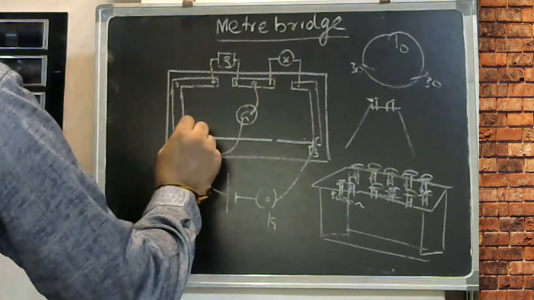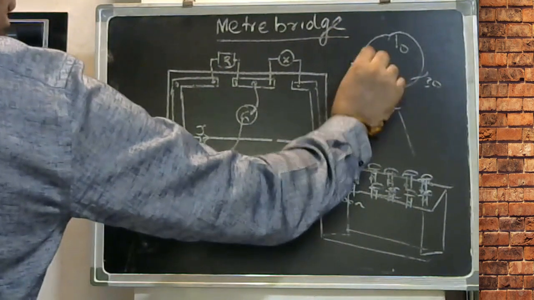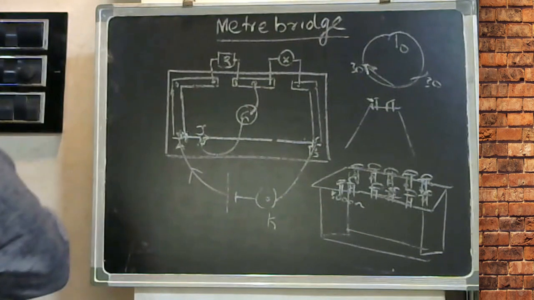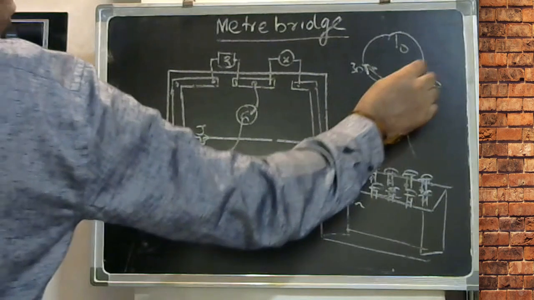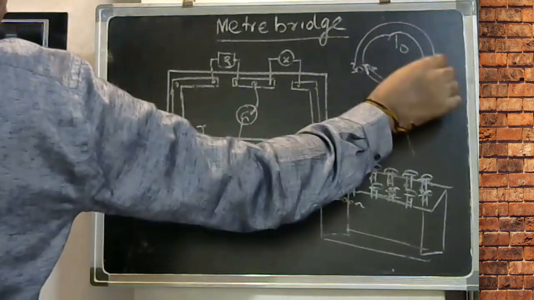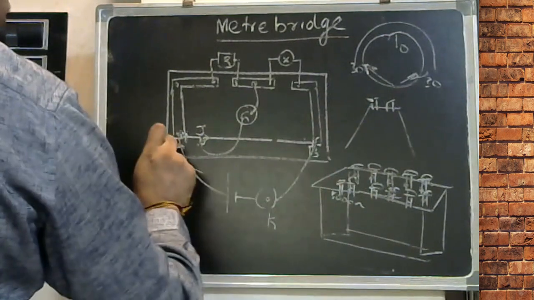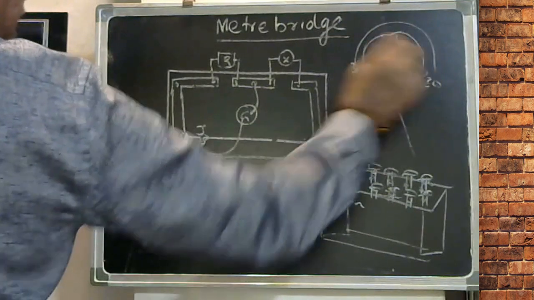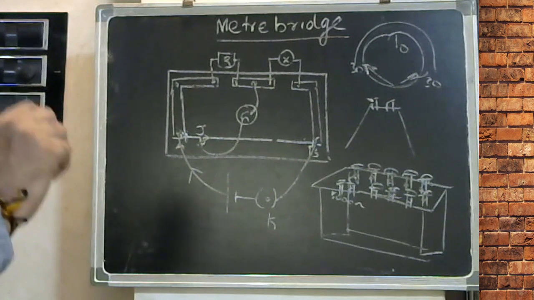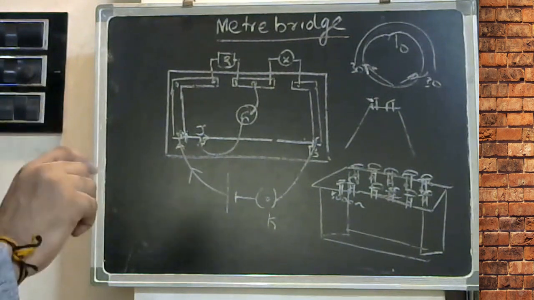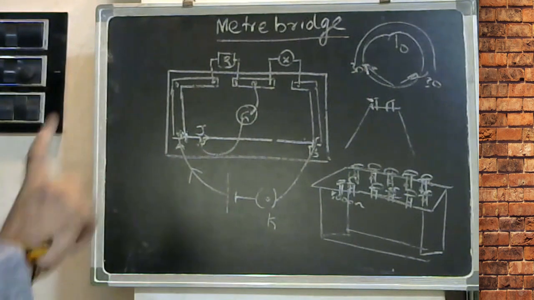When I touch the jockey at one end, my pointer will move towards the extreme side of one side. If you touch it here, the pointer should go to this side. That means the pointer swings from here to here as I move the jockey from here to here. If that's happening, then your connection is proper. You have done proper connection, you can start the practicals.